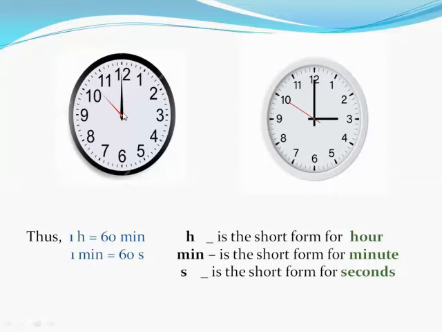When they start moving and the minute hand goes round the clock face and reaches the 12 mark again, it has moved from 12 to 1, shown in the right side clock. The minute hand moves 60 minutes.